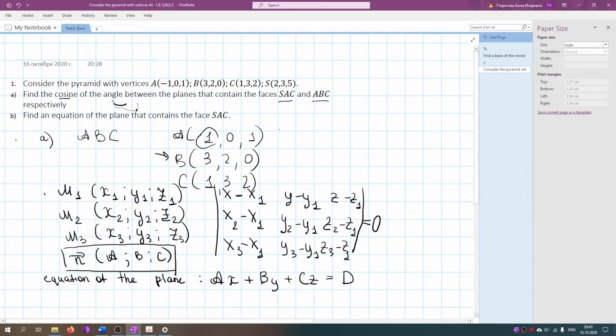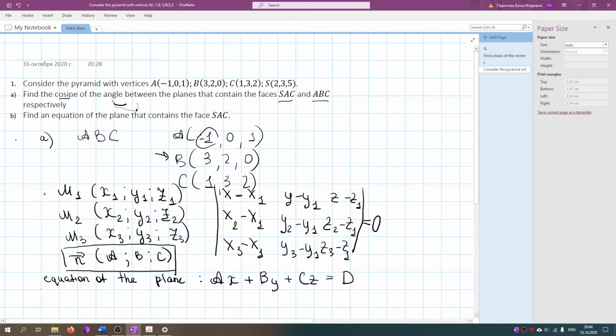We need to find the cosine of the angle between the planes that contains the faces SAC and ABC. So let's start with plane ABC. Firstly, we will write coordinates of points which we are given. So A has coordinates -1, 0, 1.